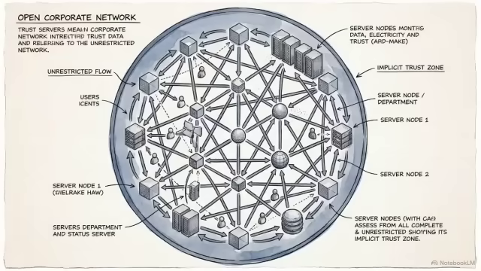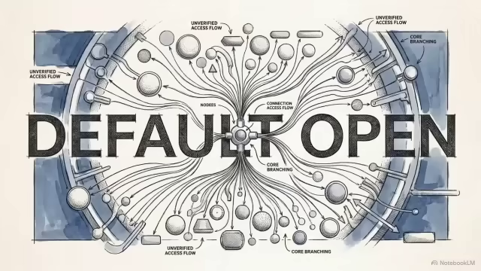To understand why perimeter security fails, we must examine the concept of the implicit trust zone. This is an area within a network where all entities share a base level of unverified access. The NIST publication illustrates this using an airport terminal.